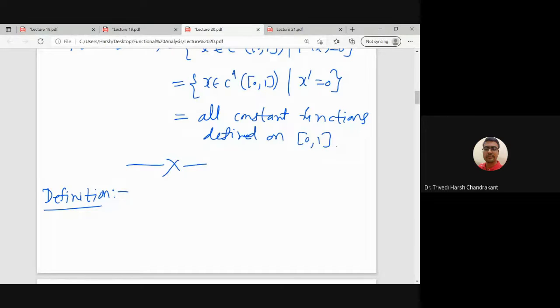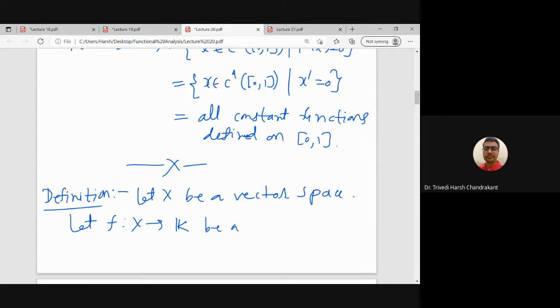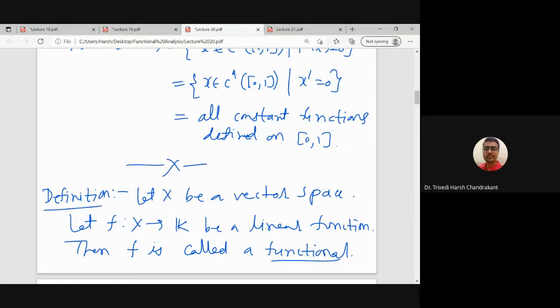So let X be a vector space and f from X to K, where K is either the set of real numbers or complex numbers. Let f be a linear function. Then f is called a functional. Basically, it is linear, so it is a linear functional.